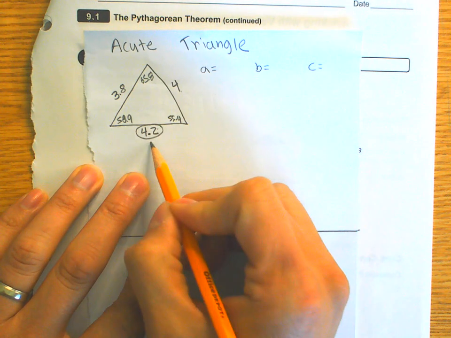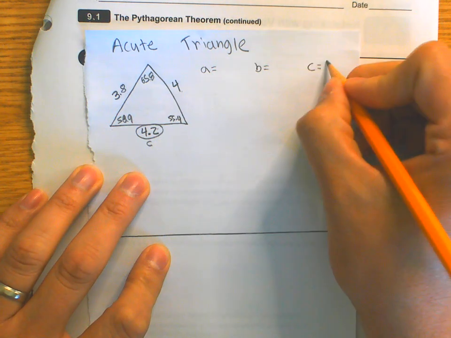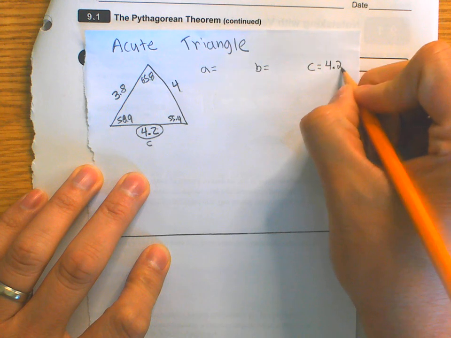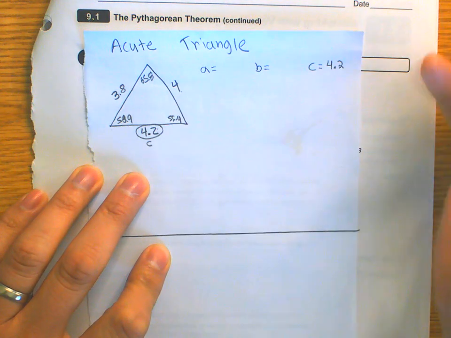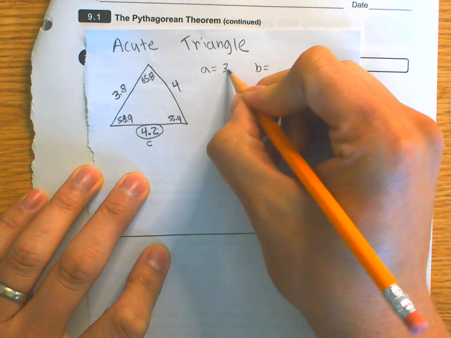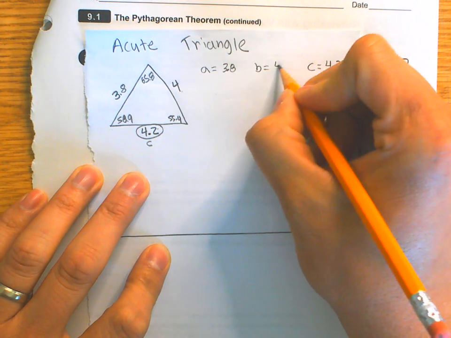So that one will always be represented by the letter C, no matter what. Now, a lot of people like to put A the smallest, B the second smallest. That's okay. You can do that too. So if we were to follow that, then this would be 3.8, and this right here would be 4.